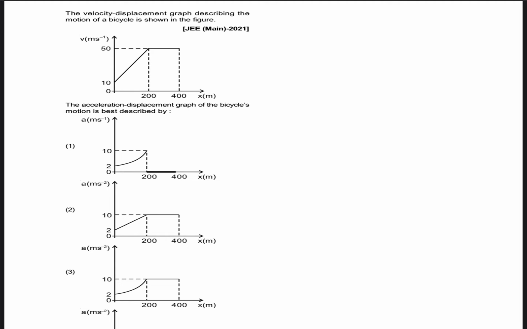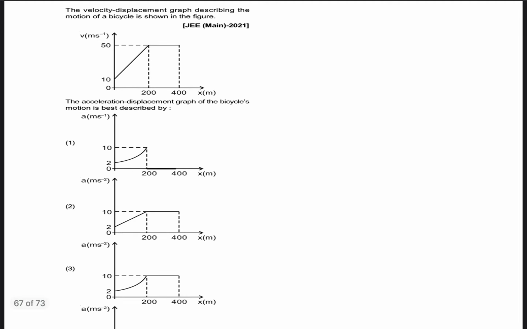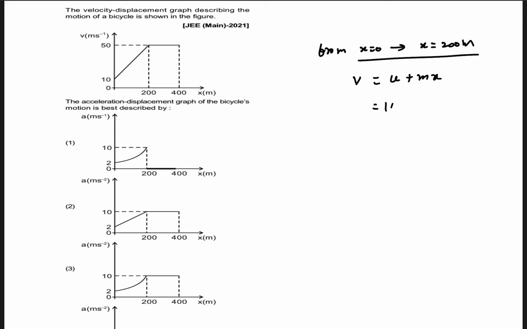Next one. The velocity displacement graph describing the motion of a bicycle is shown in the graph. You can see this is the velocity and x graph. First one, from x is equal to 0 to x is equal to 200 meters, V is proportional to x type is there. V is equal to u plus slope into x.